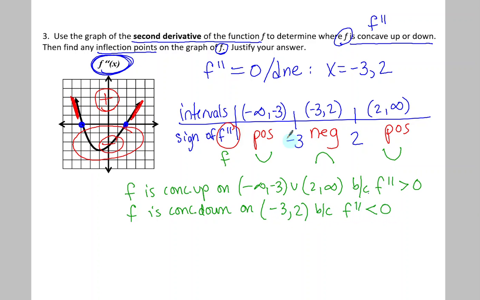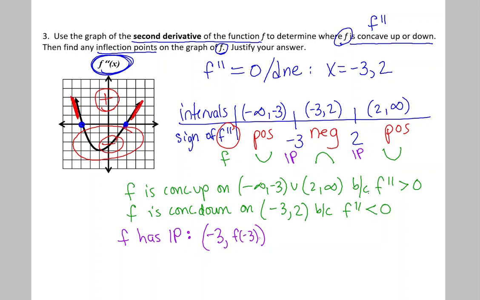Now we do have places where the concavity changes, so f does have inflection points. Here the concavity changes, so that's the location of an inflection point, and here the concavity changes, so that's the location of an inflection point. So let's write that f has inflection points (-3, f(-3)).